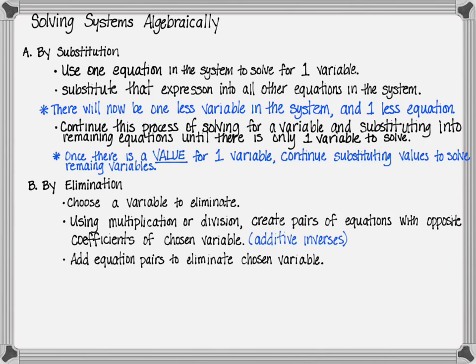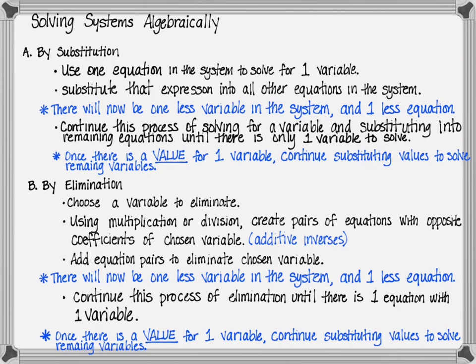When you do that, you'll end up very similar to what you had up here, one less variable and one less equation. And you'll continue this process of elimination until there's just one equation with one variable, very much like in substitution. And then you start substituting in the values for the known variables until you have all variables solved for. It's easy if we just see a couple of examples.